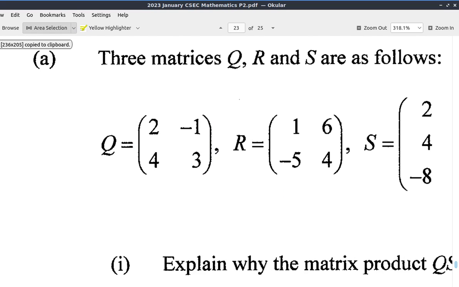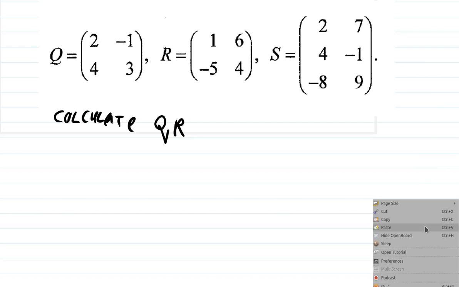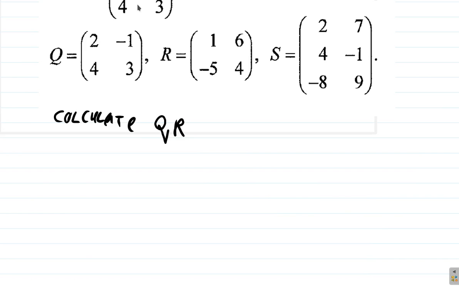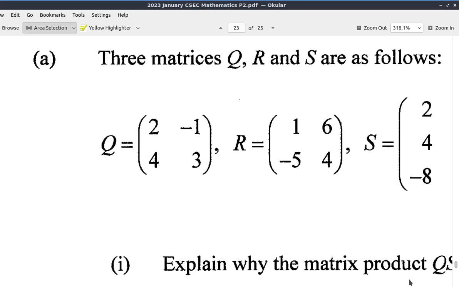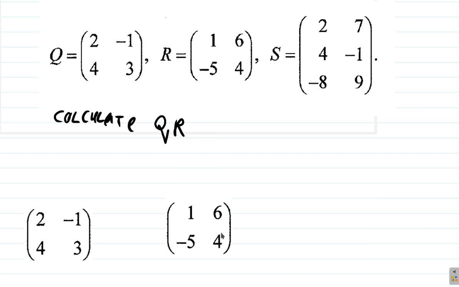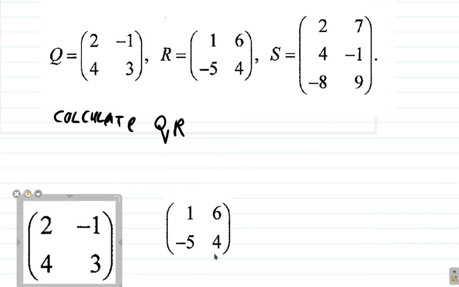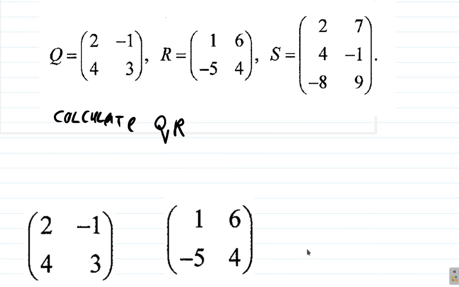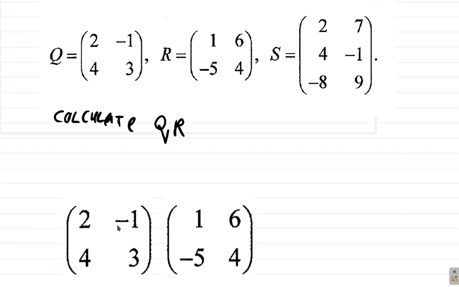So copy it and paste it over here. And I will copy R and paste it over here. Alright, so you want to find out what is Q times R. That's what QR means. Q multiplied by R.